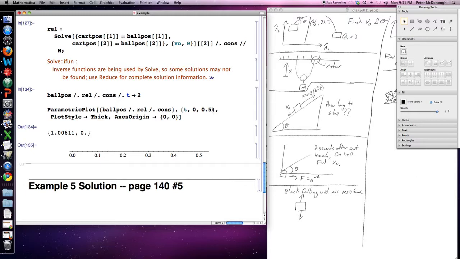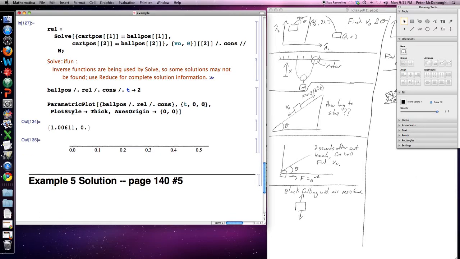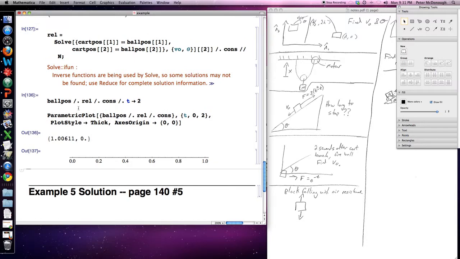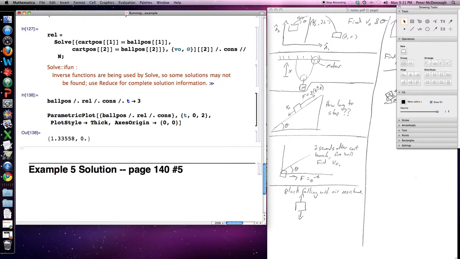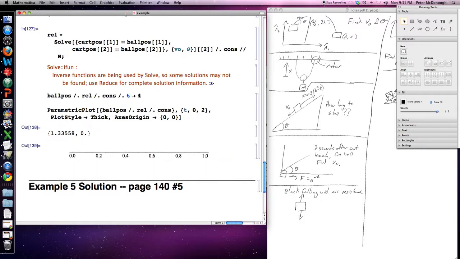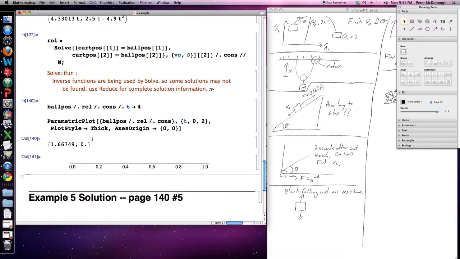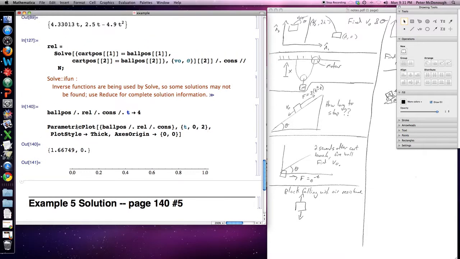How long is our ball in the air? Why is this not plotting a longer deal? 2 seconds, perhaps. Position at 3. All right, what is my ball position? Oh, all right. So you notice that. Oh, here's.